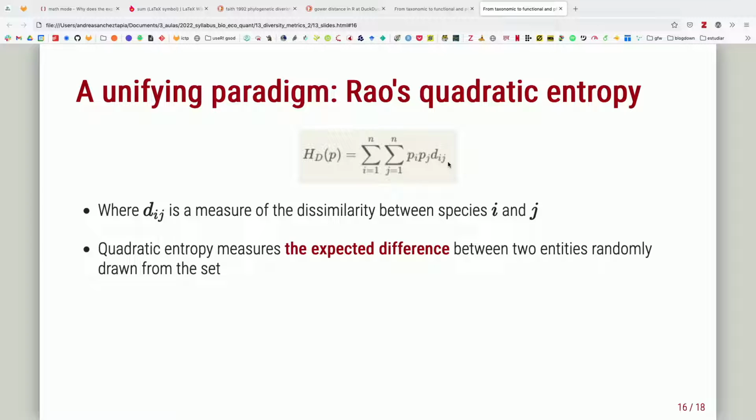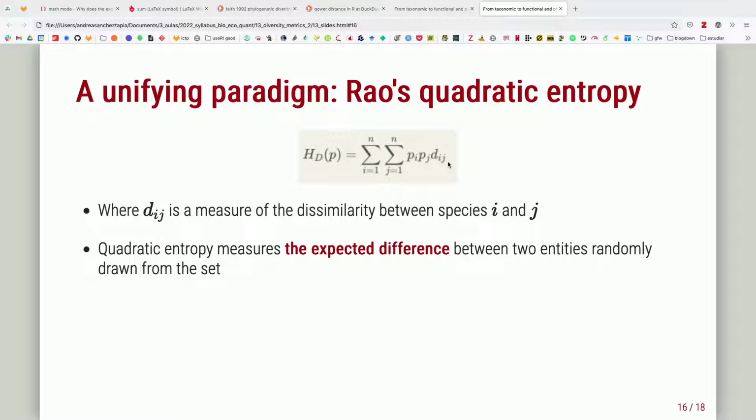Since it's multiplying the p_i, it's giving you the chance that you take any two individuals from the same sample and they belong or not to the same species. This is how Simpson diversity works. If I take right now two individuals from the same community, are they the same species or not? Simpson gives you an expected distance of the individuals. At the end, it's a probability that they belong to the same species or not.